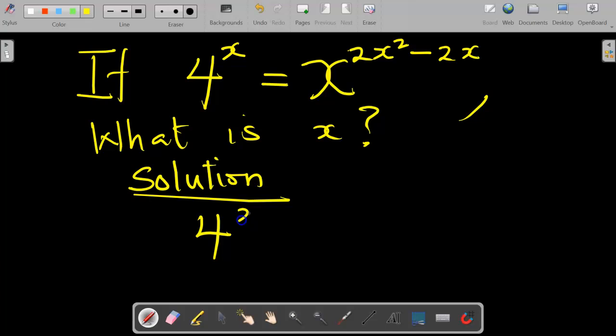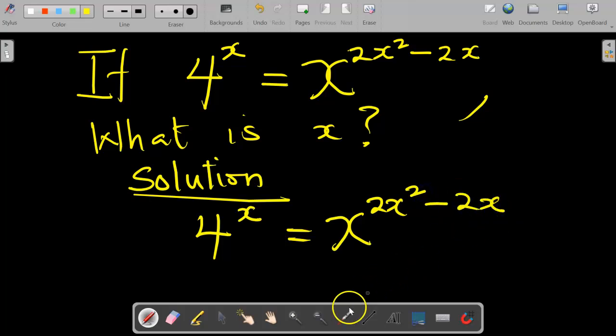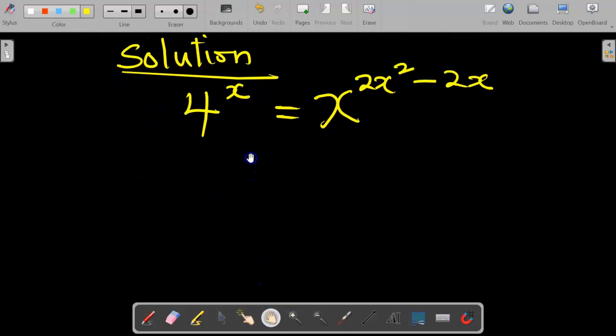Four raised to the power of x is equal to x raised to the power of 2x squared minus 2x. What are we going to do?